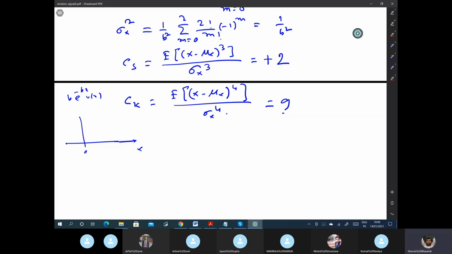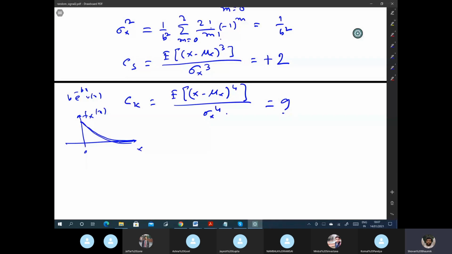Sir, is there any physical significance of this skewness, like when the tail is towards the right or towards the left? Yes, positive and negative is the significance. If skewness is 0, then it is symmetrical.